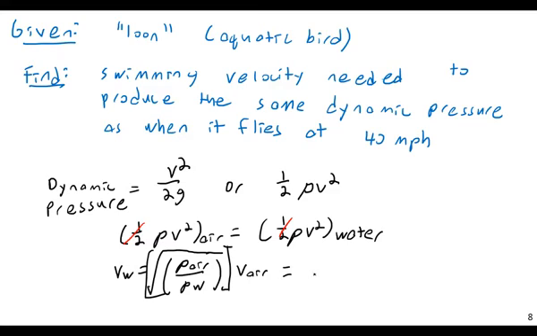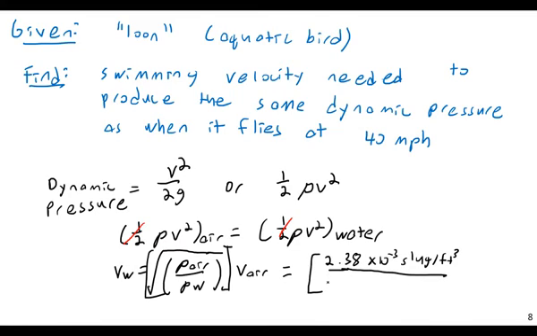And then that's going to be, let's see. You can use whatever density units are convenient, but I have them handy for slugs. 2.38 times 10 to the negative 3 slugs per cubic foot. It really doesn't matter what we use, it's going to cancel out anyway.